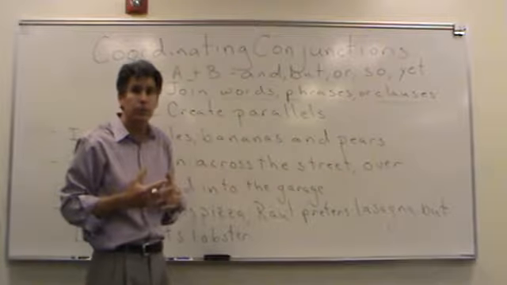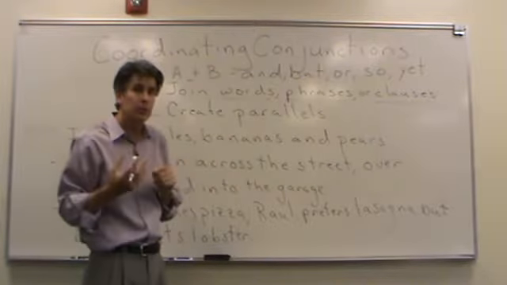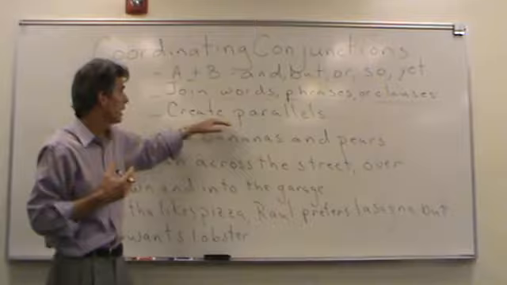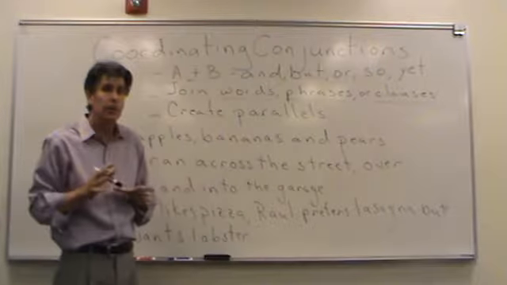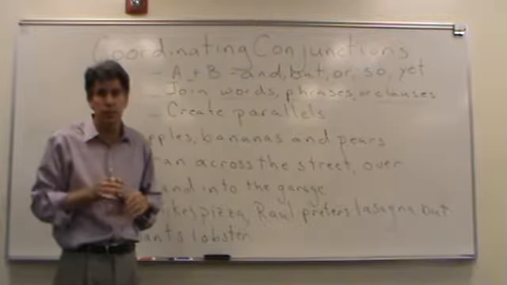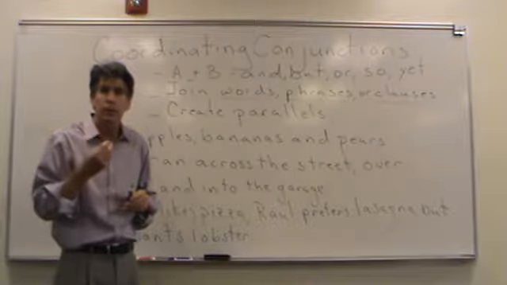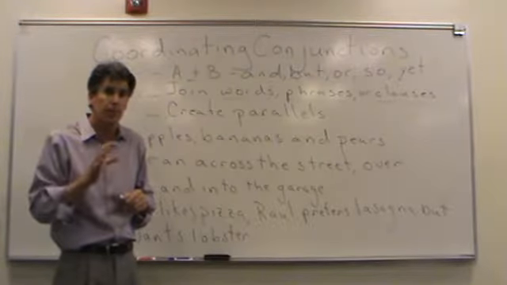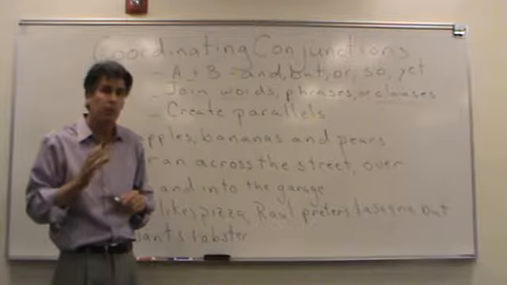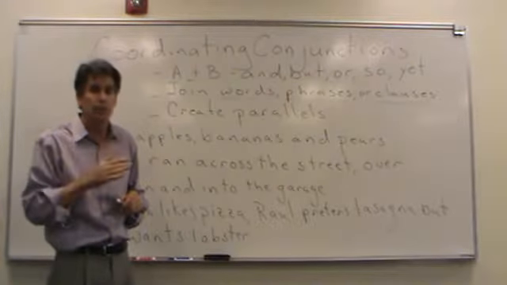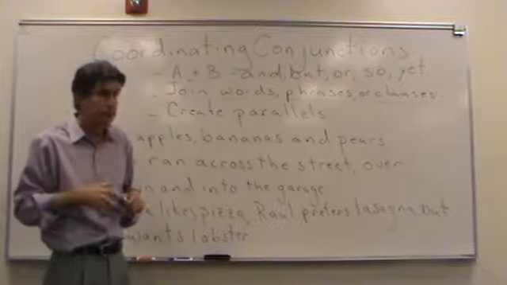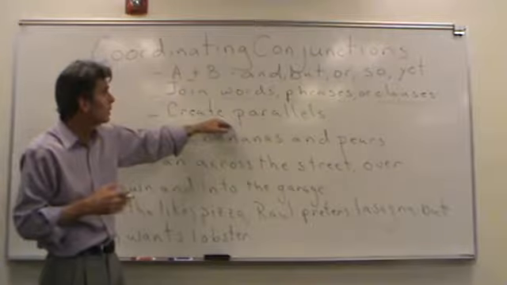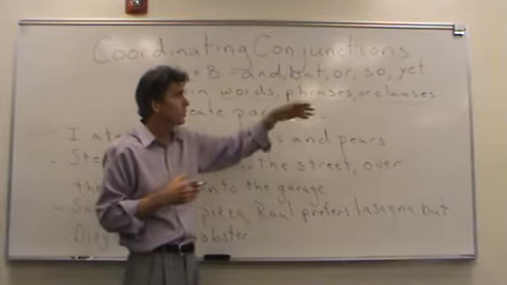So that's pretty straightforward. But you're going to see that they really do create parallels. Parallels are an extremely important stylistic technique. And they really give the more sophisticated writing a rhythm. And it makes it far more effective than if you don't have any parallels at all in the writing. And the parallels come in the forms of phrases and clauses.